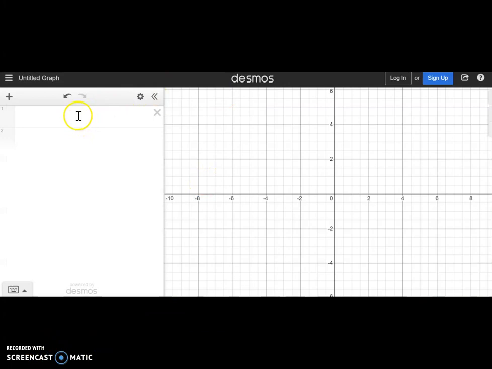I wanted to show what that would look like graphically if I were to graph log base 4 of x. So with Desmos, I can't actually type the base in, or that I know of. Please let me know if I can. So I'm going to use the change of base formula, taking log of x and dividing it. Whoops, forgot to put the log of x in parentheses. Sorry about that. Log of x and dividing it by the log of 4.